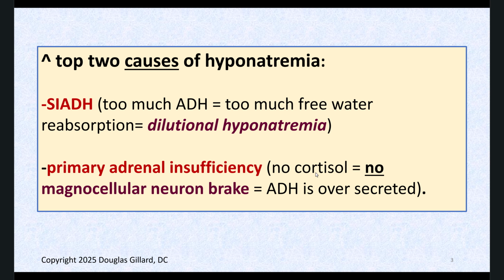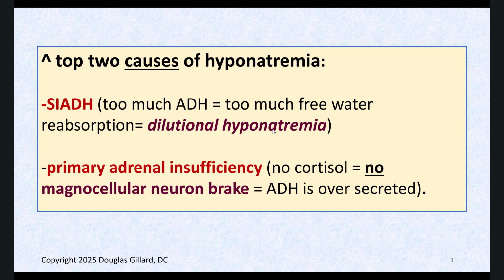So primary adrenal insufficiency destroys the adrenal cortex, all of it. And so you can't secrete any of those things, including cortisol. So no cortisol, no magnocellular neuron brake, and ADH gets oversecreted just like it did here in syndrome of inappropriate ADH secretion.